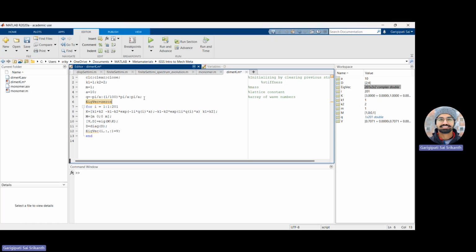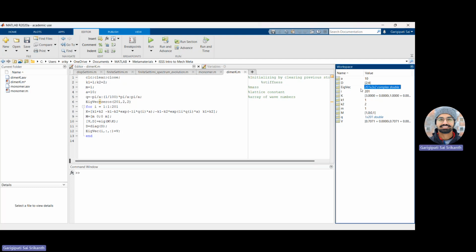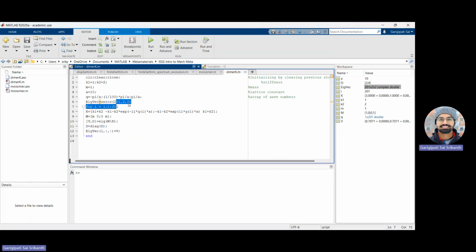Just like last time, it will be zeros, 2, 2, 201. So this will be the size from the start, filled with zeros initially, and then later each term will be filled.